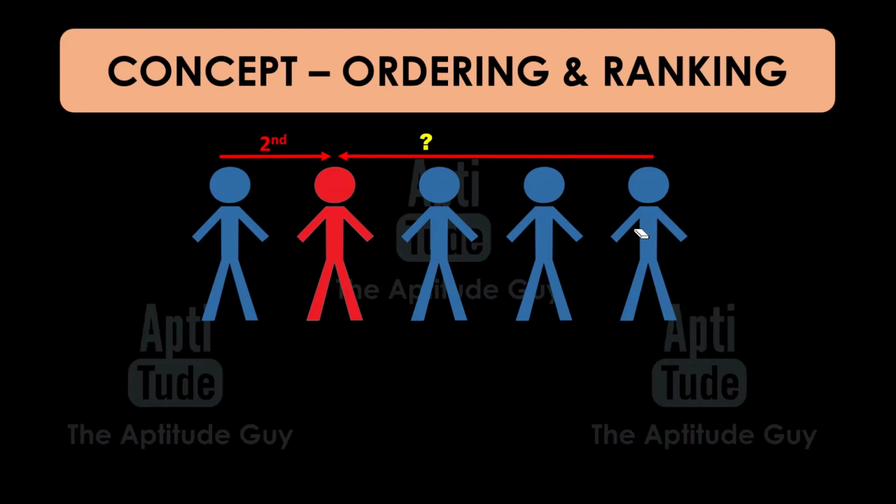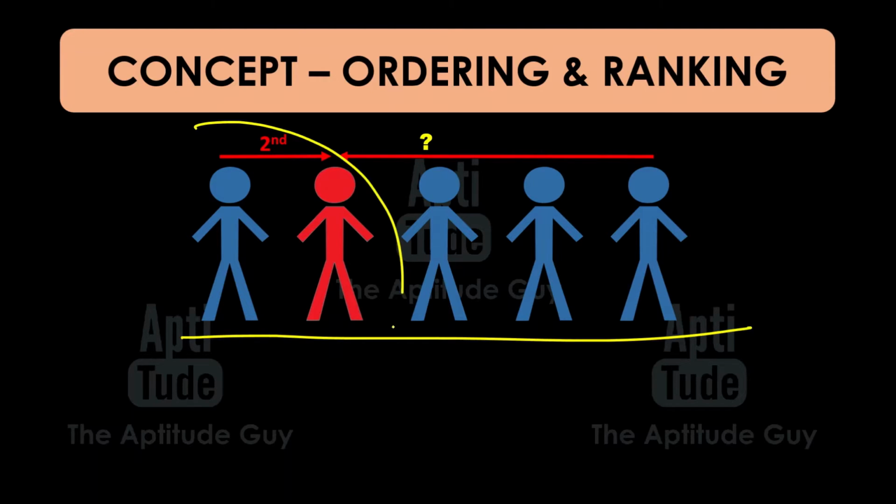But then according to that logic of yours, 5 minus 2 is 3. So why is the answer not matching? That is because when you do 5 minus 2, you are removing this guy as well. But can you remove this guy? No. We need the rank of this guy itself. So how can we remove him?